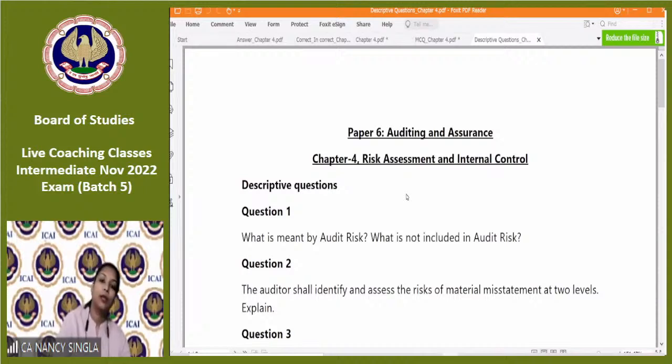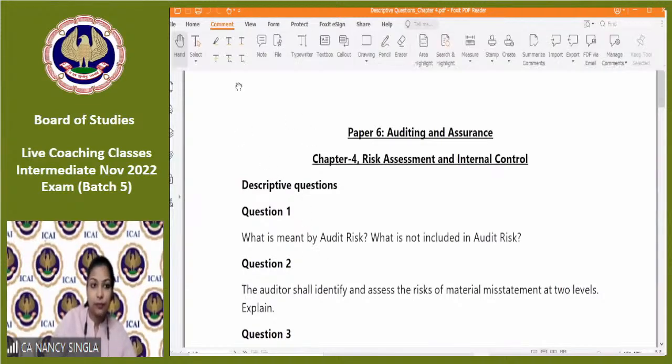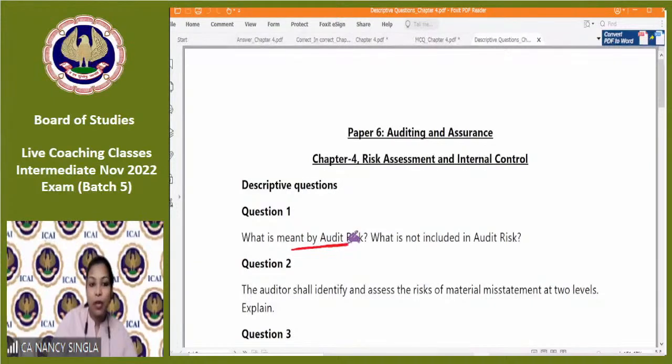Okay. Now let us discuss the descriptive question. What is meant by audit risk? What is not included in audit risk? Audit risk is the risk that the auditor gives an inappropriate opinion when the financial statements are materially misstated. What is not included is the auditor giving an opinion that the financial statements are materially misstated when they are not, because this is an ordinarily insignificant risk. Second, audit risk is a technical term.